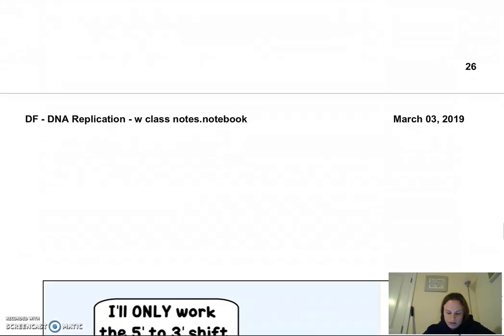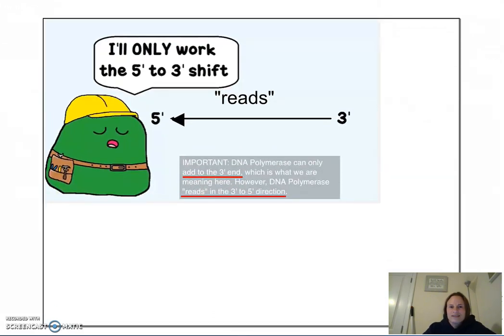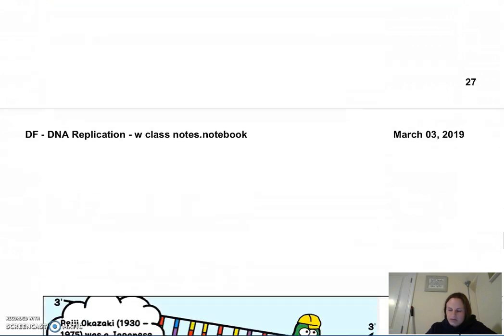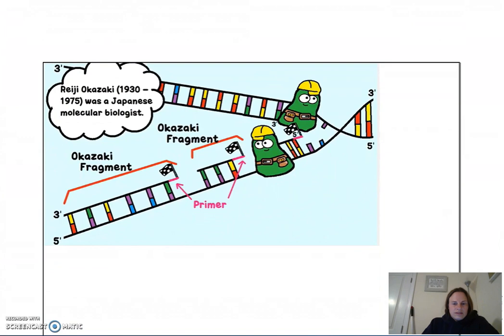Next, our primase creates a primer so that our DNA polymerase can recognize that primer and begin to build the new strands. Again, I've reiterated this 3 times now. DNA polymerase will only work or elongate in the 5' to 3' direction. That makes it difficult when you unwind the DNA and you end up with a lagging strand, because this lagging strand is in the 5' to 3' direction.